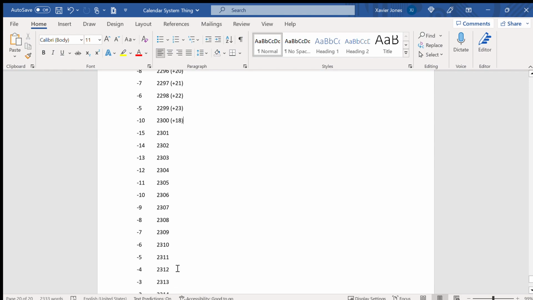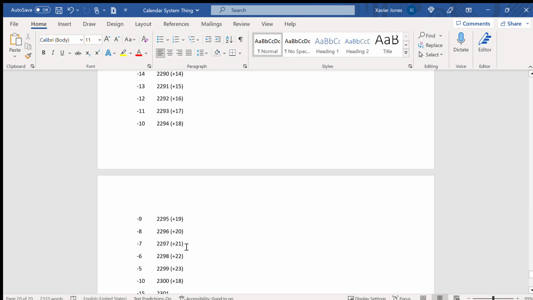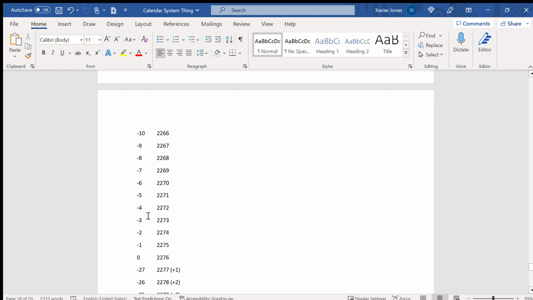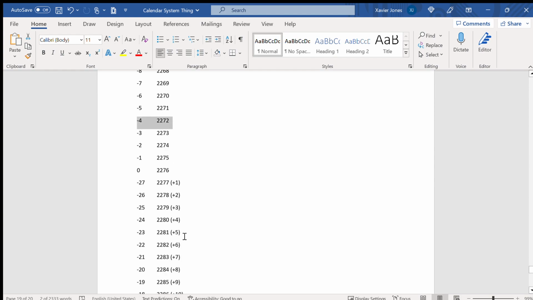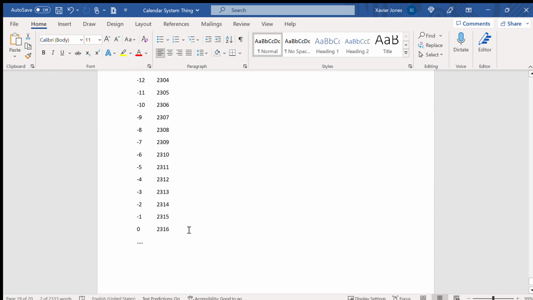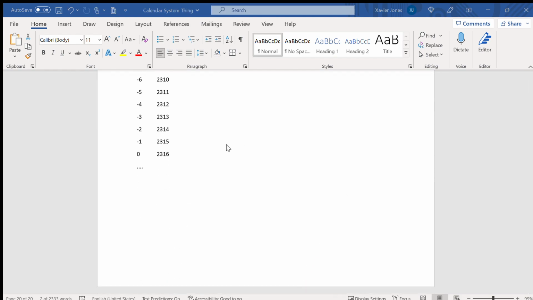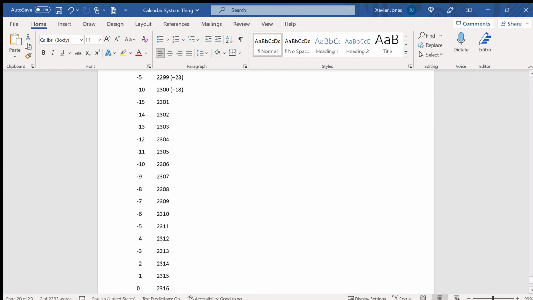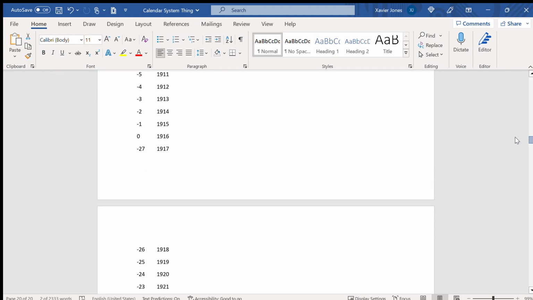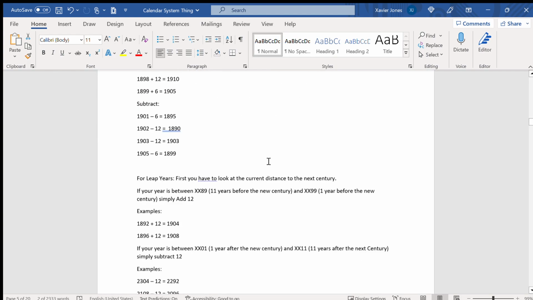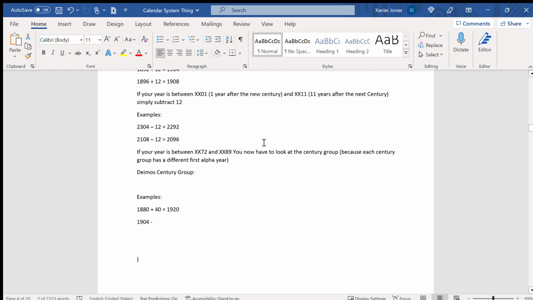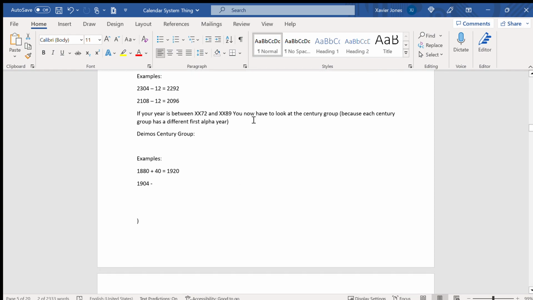So 2312 minus 2272. Is that 40? It's 40. Okay, it's just 40 every time. Never mind. Simple. Okay, well, that makes my life easier. It means it doesn't depend on this integer group.